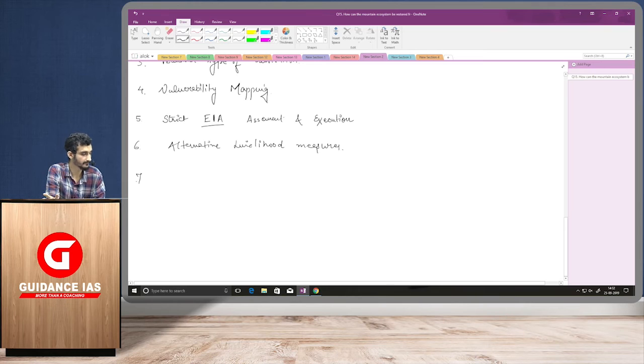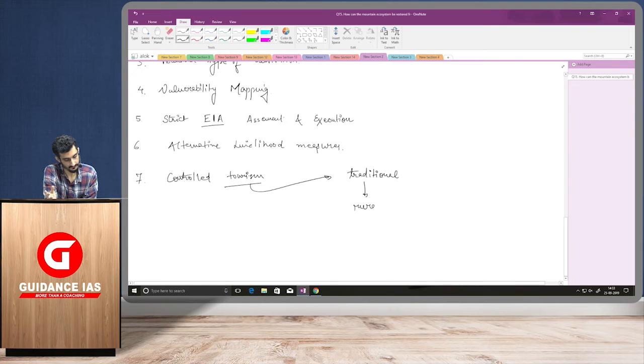Then we can have what we say controlled tourism, and tourism of a more traditional nature, like rural tourism, like homestay tourism, cultural tourism.